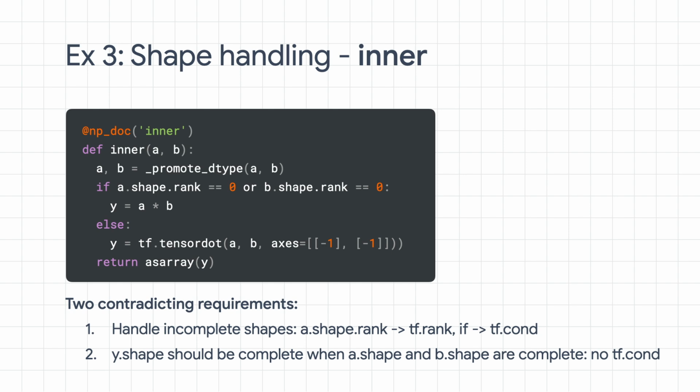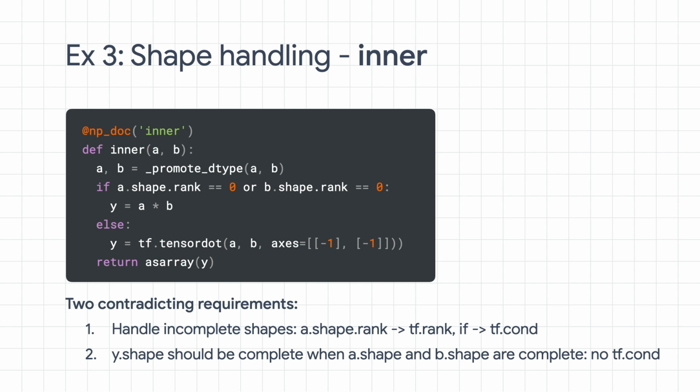As a simplified Python version, we can just do a Python branching on the shape and the rank. But if we want to support incomplete shapes for the arguments, then there are some challenges.